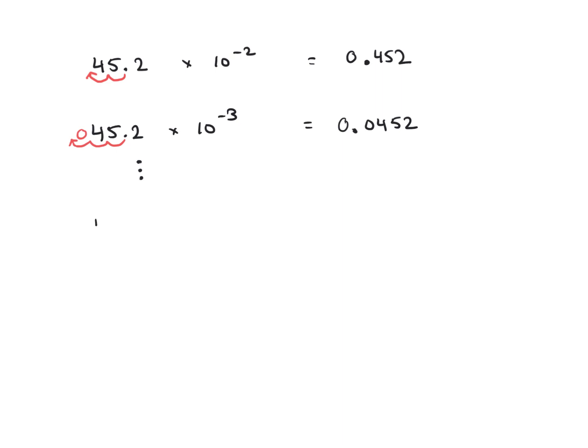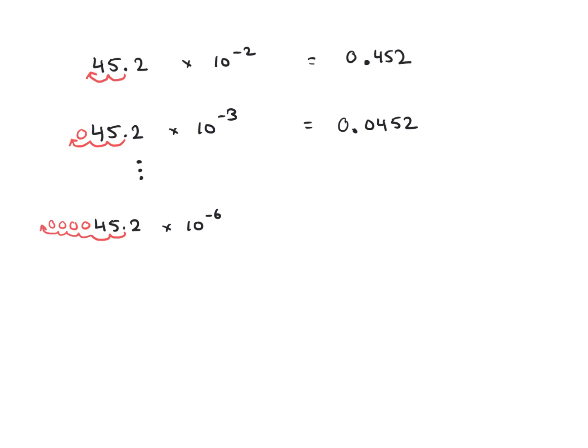We can have 45.2 times 10 to the exponent negative 6. And in this case, we would slide the decimal to the left 6 times. So let's count. 1, 2, and I need to go 4 more times. So that will actually involve writing 4 more zeros on the left side. 1, 2, 3, 4.